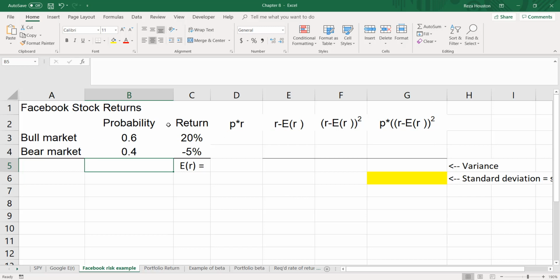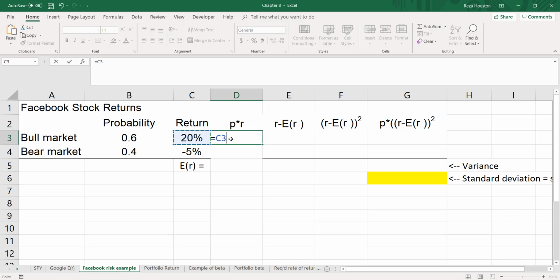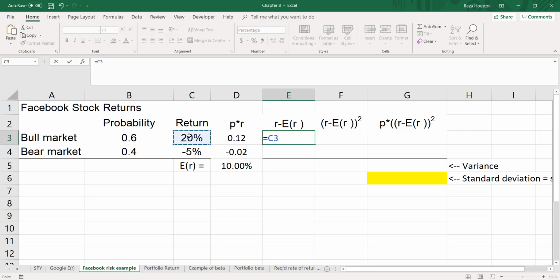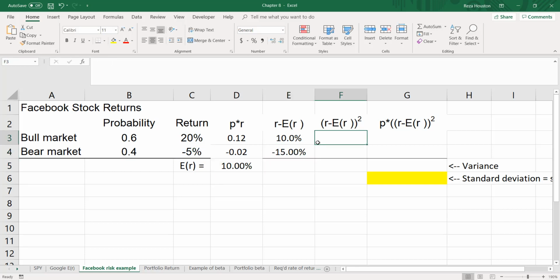All right, so I'm in Excel, and here's our example. Step 1, we're going to calculate the expected return on this Facebook stock. So I'm going to first multiply our probabilities times the returns. Next, I'm going to calculate the deviation in each case from the mean. Next, I'm going to calculate the squared deviations from the mean by just squaring each of those deviations.